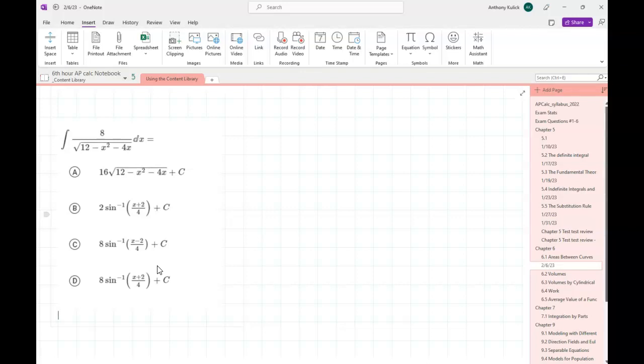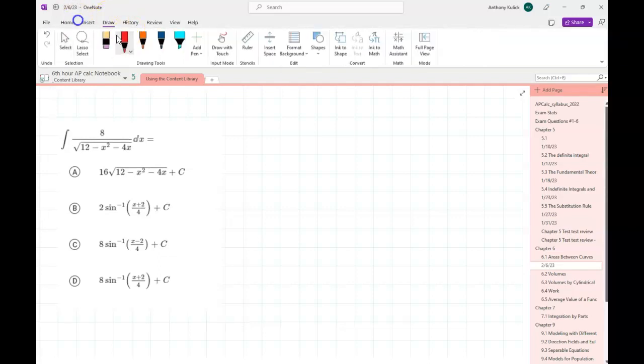Now, right away, I can do one thing. Cross out A. But I don't think, without doing a little bit of investigating, I'm going to get the right answer without really kind of pouring through this.